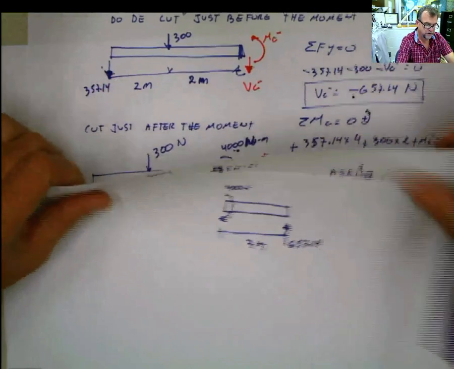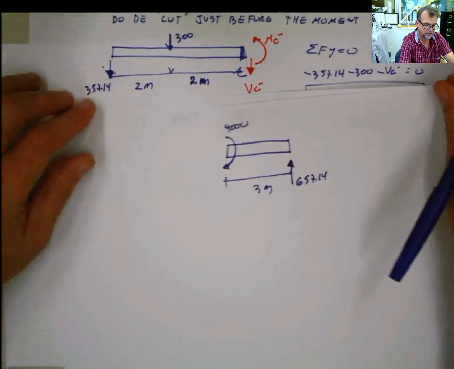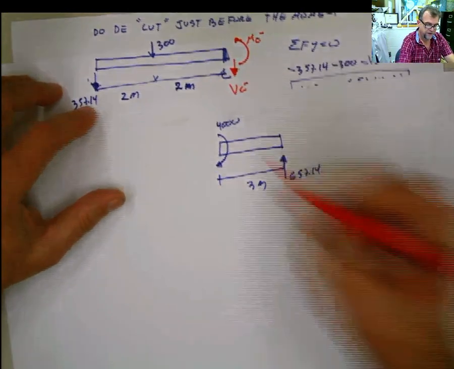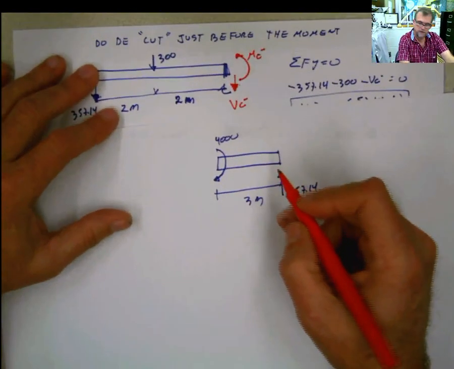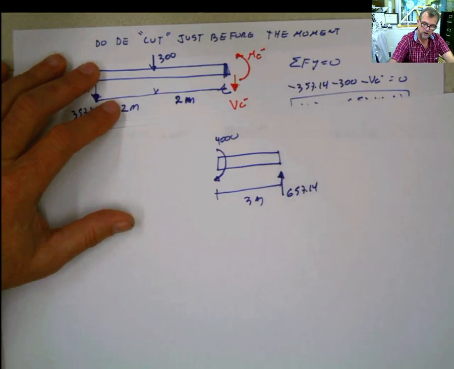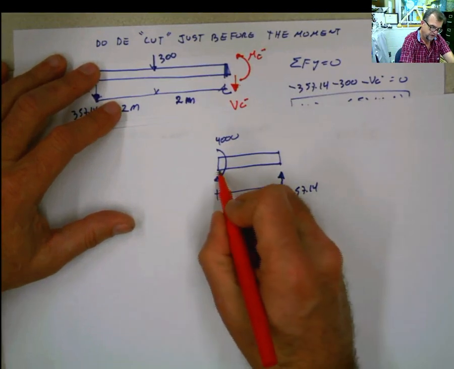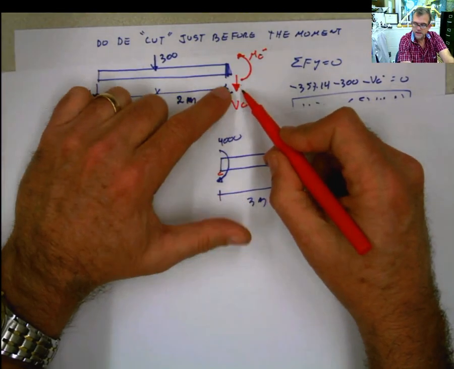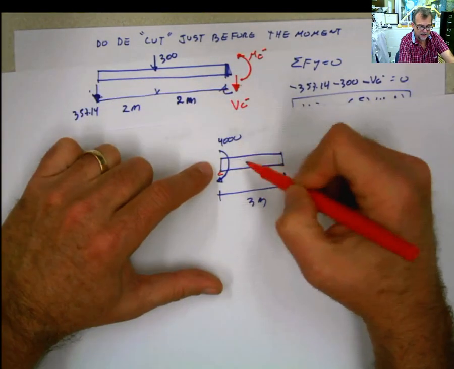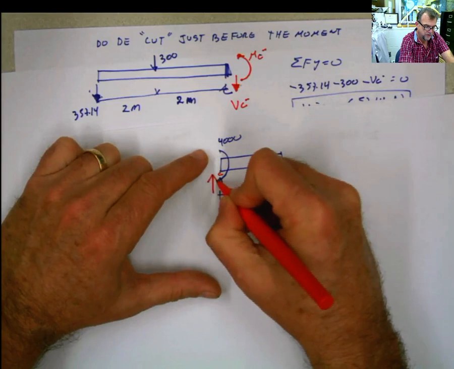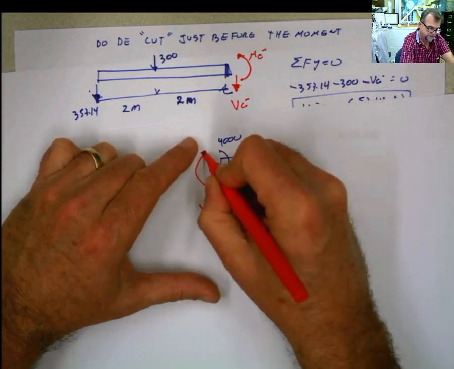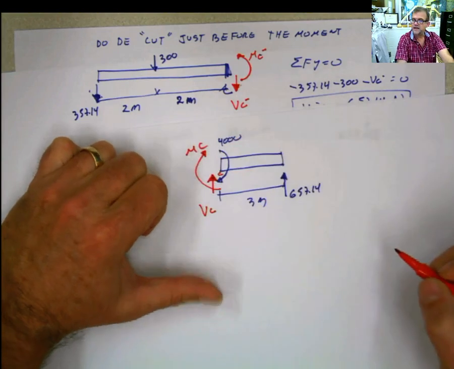I mean, if you want to use this side instead of using that side, it's gonna be shorter, kind of. The only other thing that you have to be really careful about is to remember the positive convention in this side. If I'm gonna use this side of the beam, the positive convention is going to be this one, as I explained before.